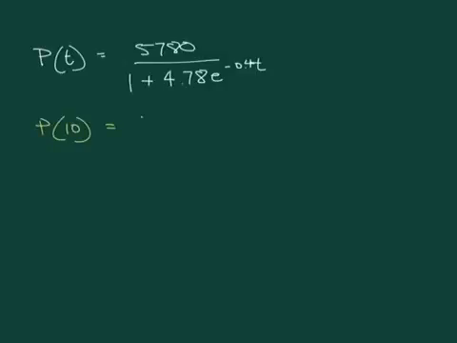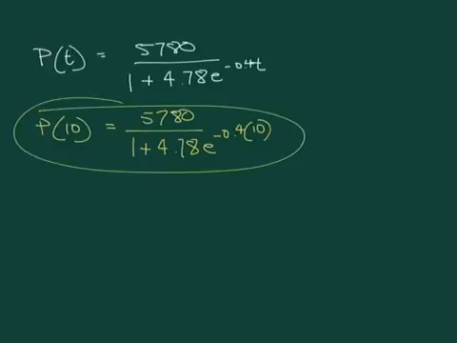Then t is multiplied by 10 there, and you can figure out what the population will be in 10 years. When you do that, you get 5,314.7. So as time goes by, the population went from 1,000 to 5,314 in 10 years. It has grown quite significantly.